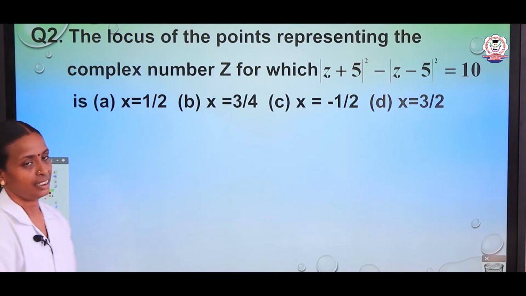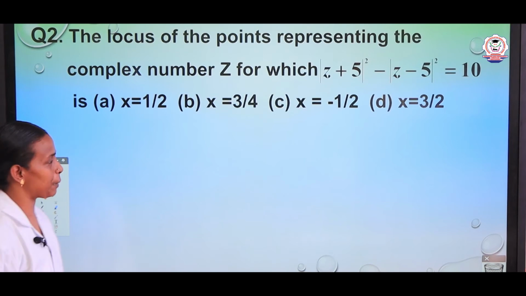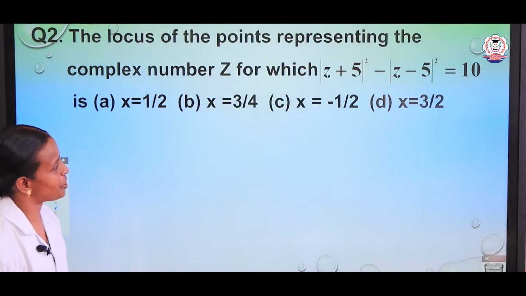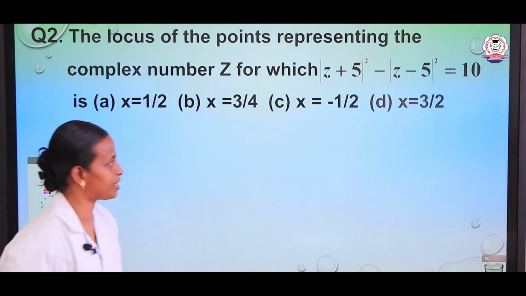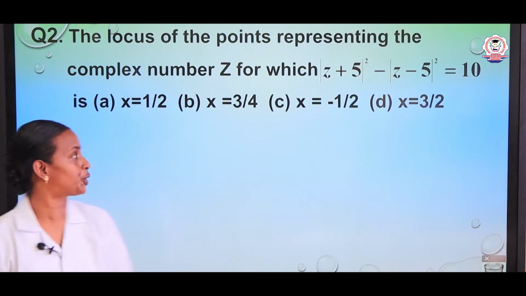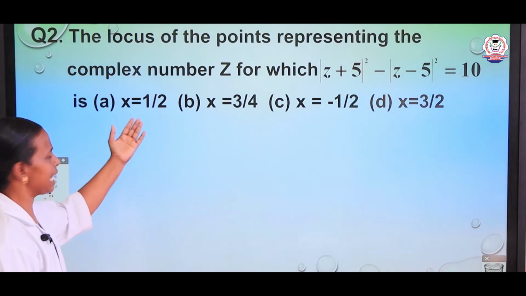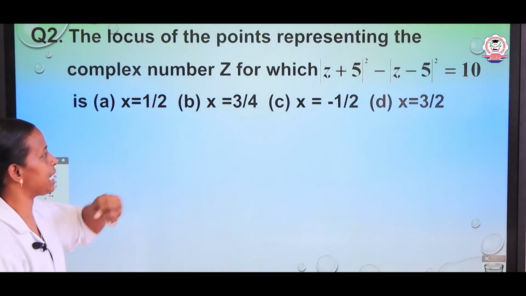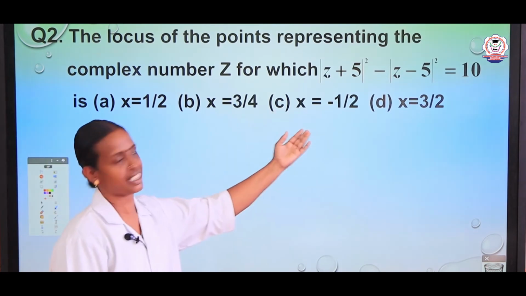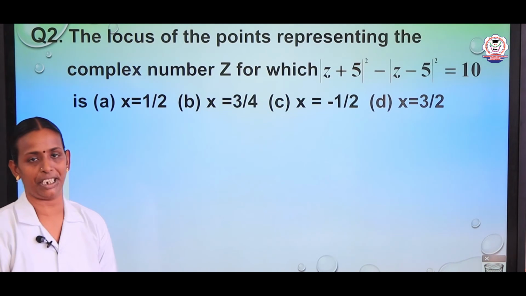Second one: the locus of the points representing the complex number Z for which modulus of Z plus 5 the whole square minus modulus of Z minus 5 the whole square equal to 10 is equal to what? Option A, x equal to 1 by 2, option B, x equal to 3 by 4, option C, x equal to minus 1 by 2, option D, x equal to 3 by 2.